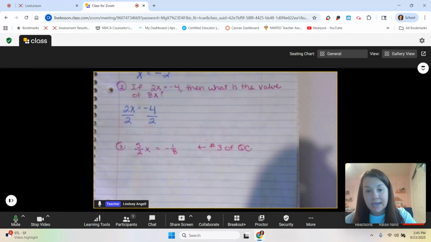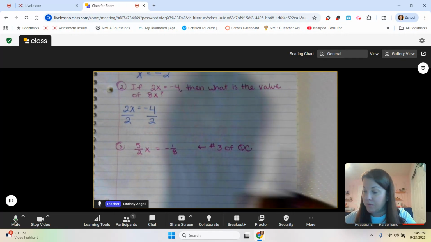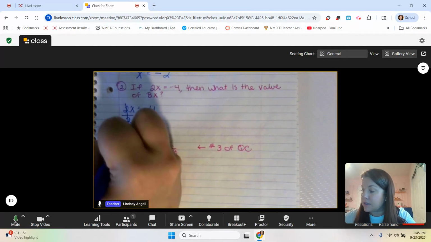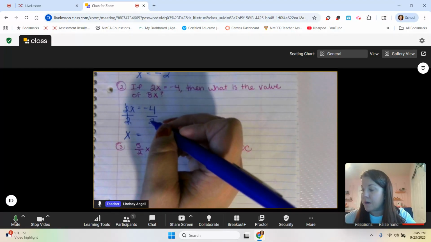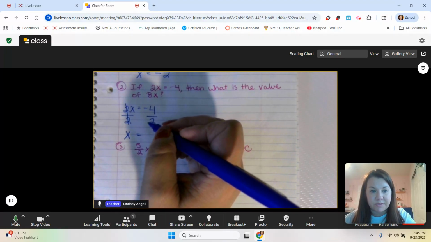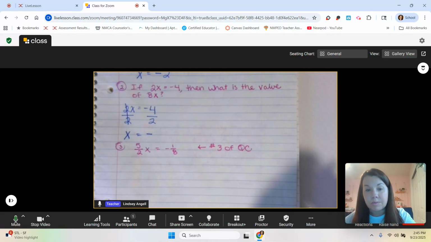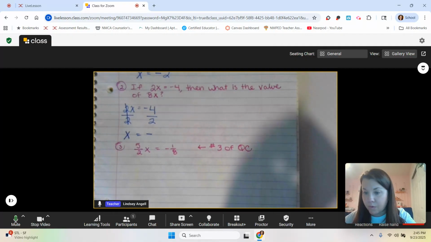Whatever I do to one side, I have to do to the other. So these cancel. I'm left with x equals then -4 divided by 2. Well, it's a negative divided by a positive, which means my answer will be negative. And then 4 divided by 2 is 2.